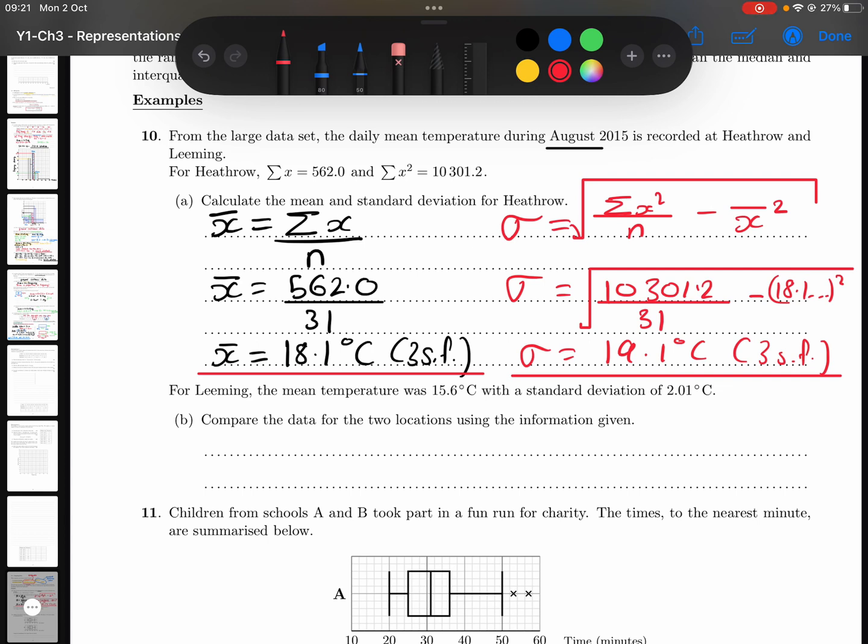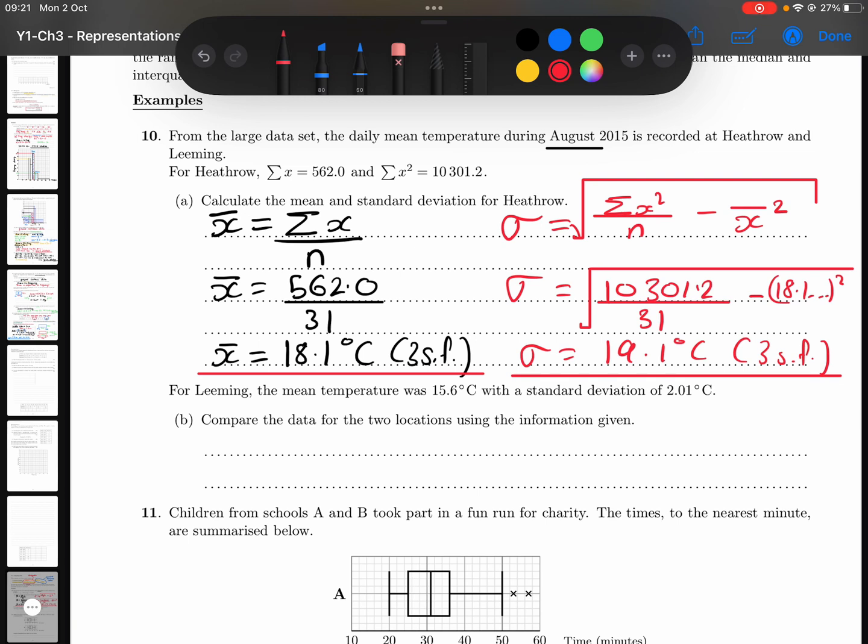So let's get to the comparison part of this question. For Leeming, the mean temperature was 15.6 degrees with a standard deviation of 2.01. So what can we say?